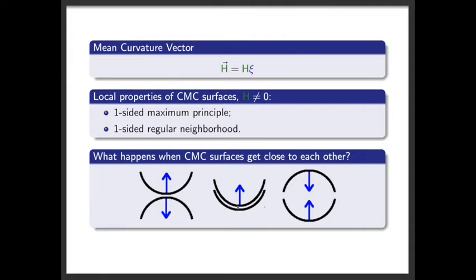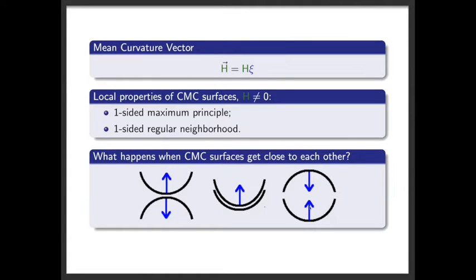If the mean curvature vectors are pointing in the same direction, like in this picture in the middle, then you can get these two pieces as close as you want. But as soon as they touch at one point, they actually touch everywhere, and they become the same spherical cap.